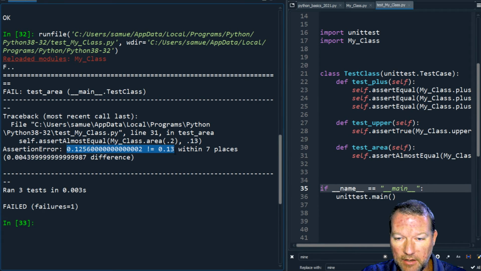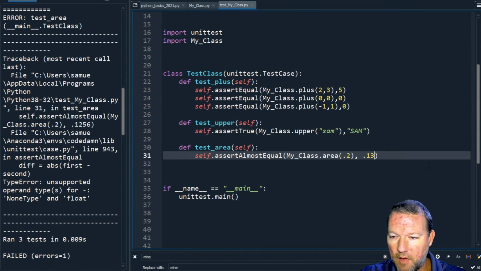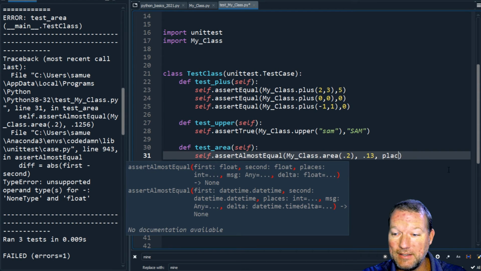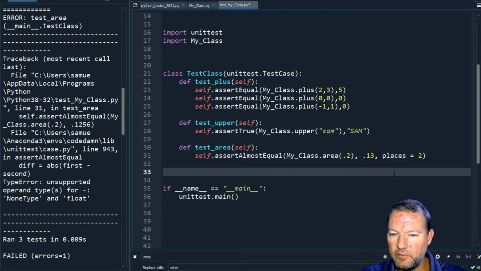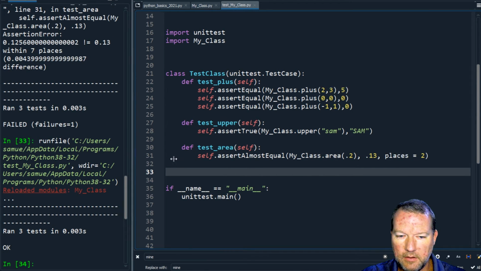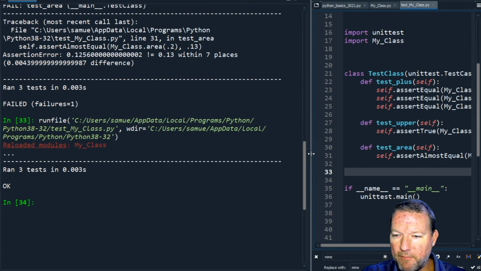These are not equal to each other. So here's an example of how we would handle this. Then we would do places equals 2. Now let's check this. There we go. So I have my threshold.